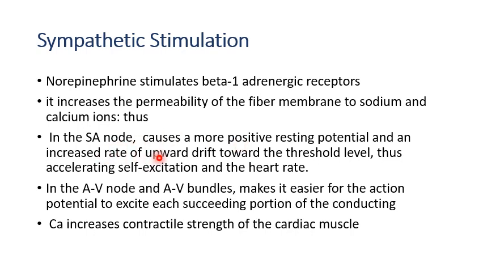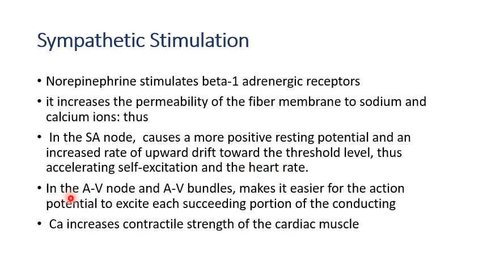Because it will increase the rate of upward drift toward the threshold. If we look at the action potential of the SA node, the rate of upward drifting will be faster, and it will reach the threshold faster, and this will accelerate the rate of self-excitation, and this will increase the heart rate as a result.